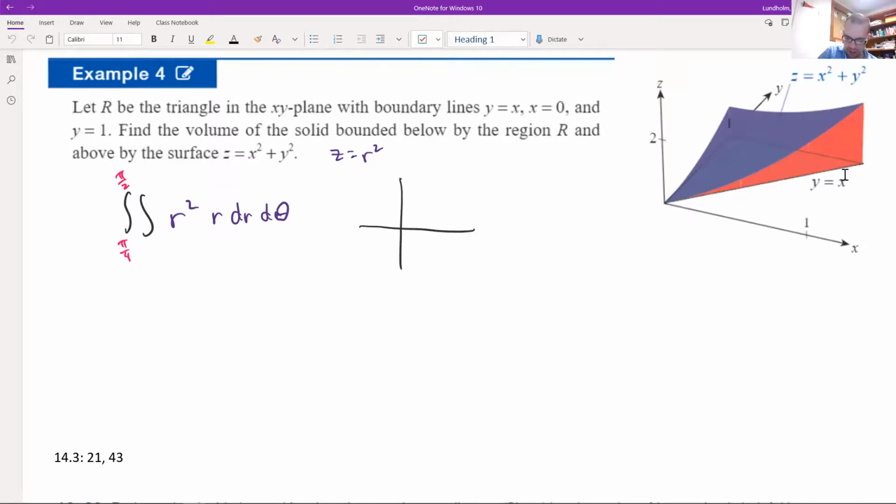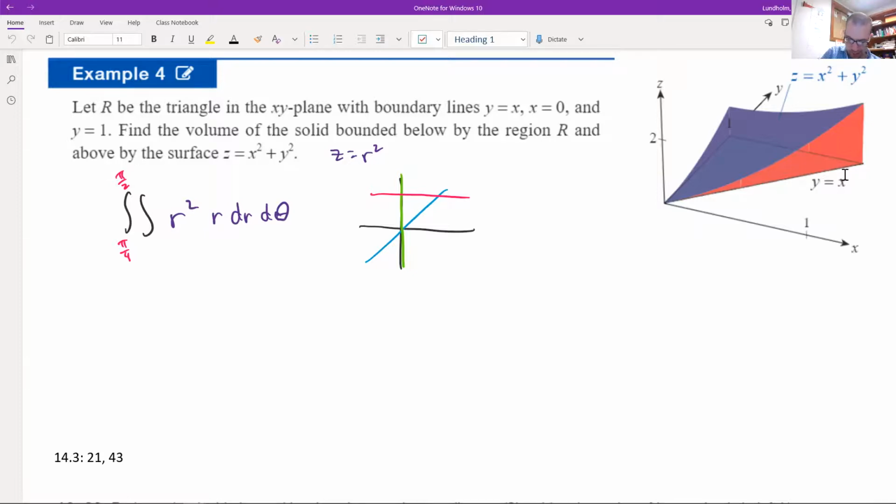Okay, so we've got the line y equals x. We've got the line y equals 0. x equals 0, which is the y-axis, and then we've got the line y equals 1. And that's our triangle. And we are making a radius.